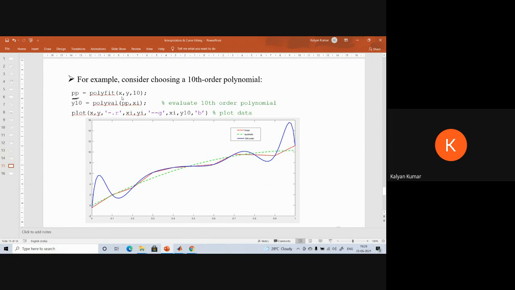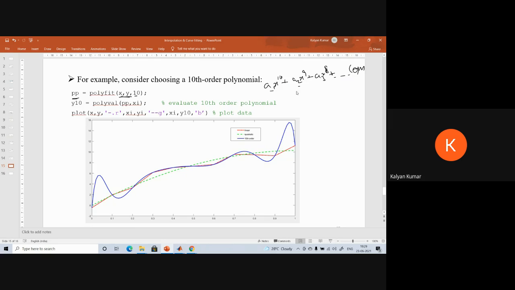So polyfit x comma y for 10th order, we will get a 10th order equation: a1 x power 10, a2 x power 9, a3 x power 8, and so on, up to the constant term. These a1, a2, a3 values can be obtained by using this PP output of this function.